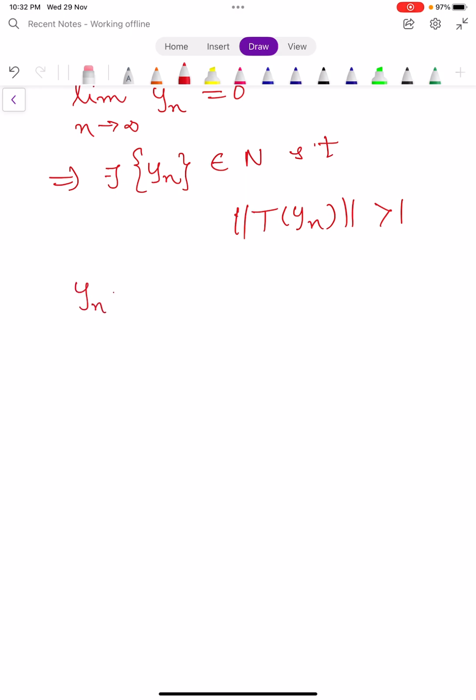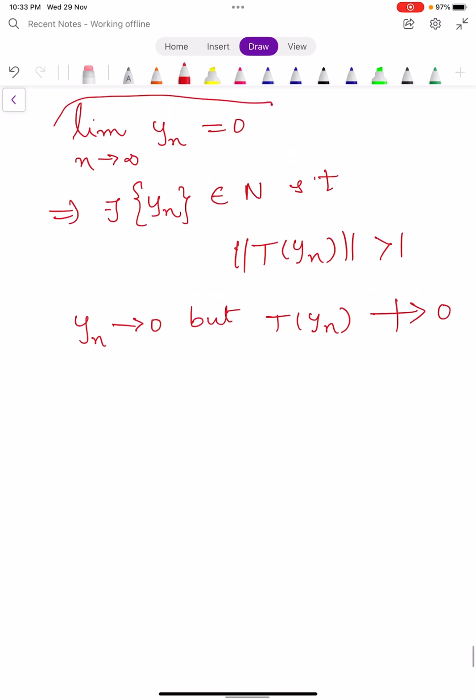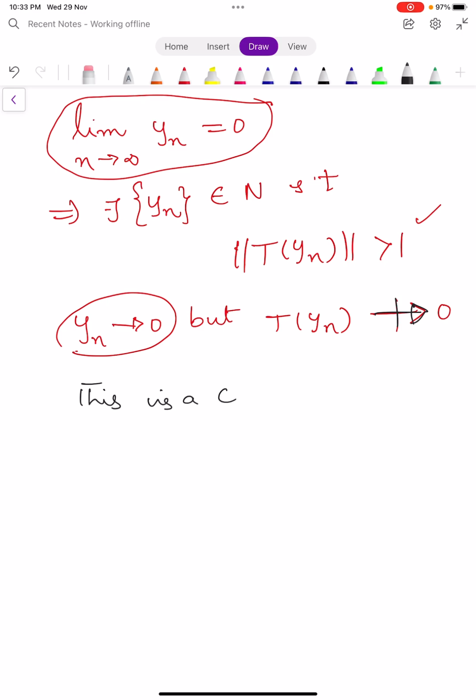The sequence yn converges to 0, but T of yn does not converge to 0. You see, limit yn is 0, it means yn converges to 0. But norm T of yn greater than 1 means T of yn does not converge to 0. This is a contradiction.